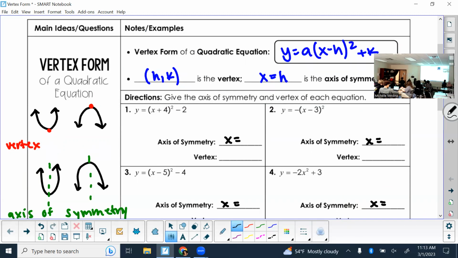All right, and then whatever number is in the h position is your axis of symmetry. But notice h is in the parentheses with the x, and it has it as negative. So like in number 1, for example, it says plus 4. What would I need to enter into this equation to make it turn into a positive?